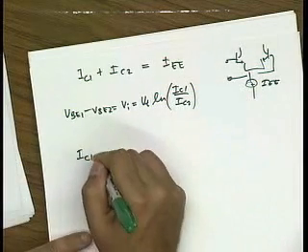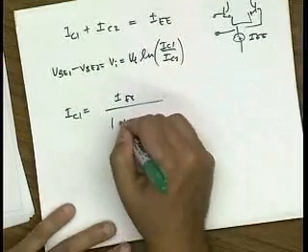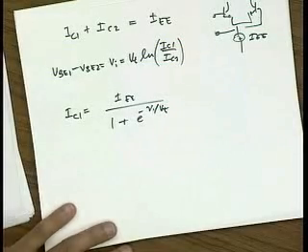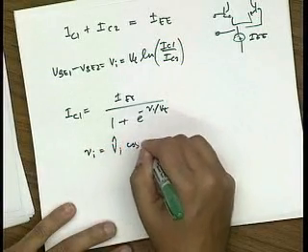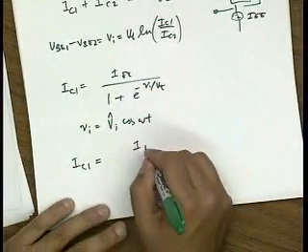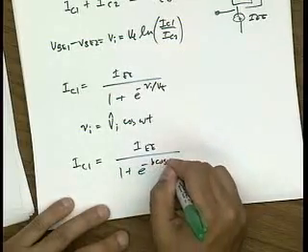And so therefore, if I solve for IC1, it looks like this. And if the input signal is a sinusoid, then IC1 is a periodic waveform which looks like this.